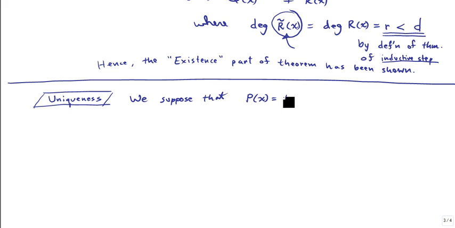I could say that this is d of x times, let me call this q1 of x plus r1 of x. And let me say that all of this is equal to d of x times q2 of x plus r2.